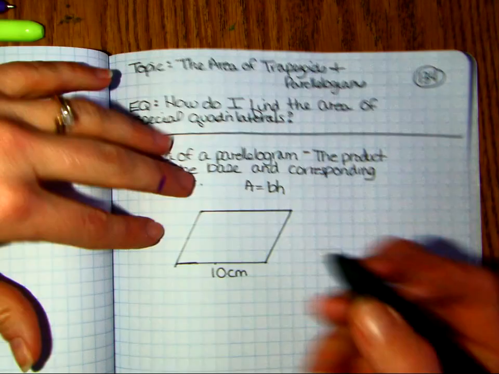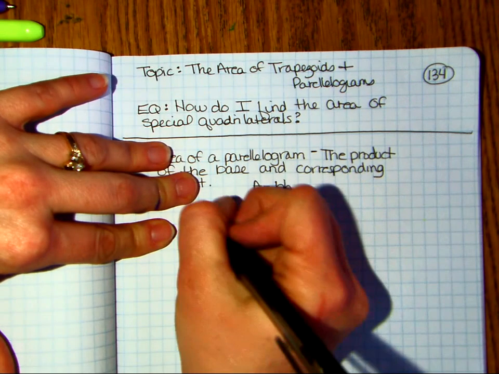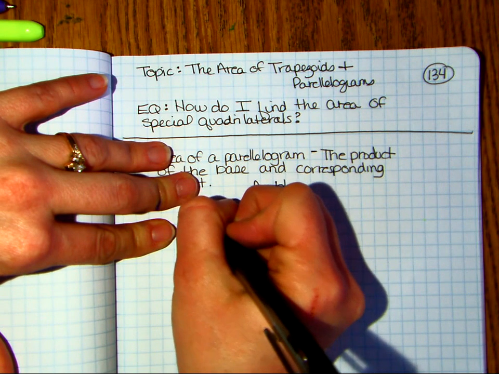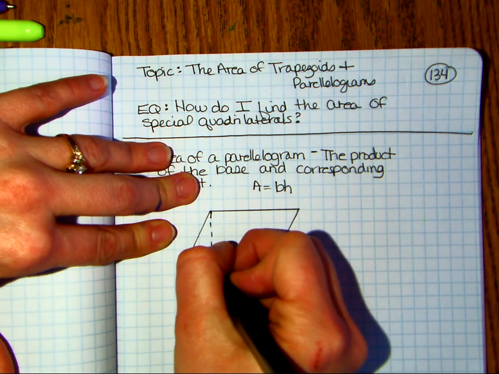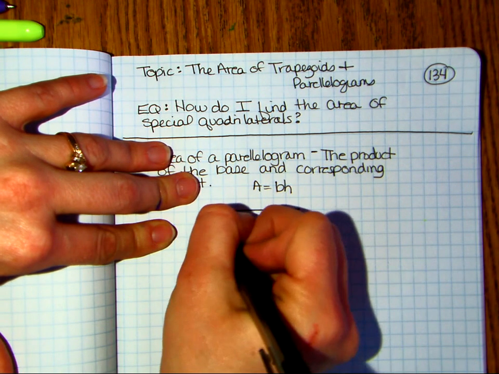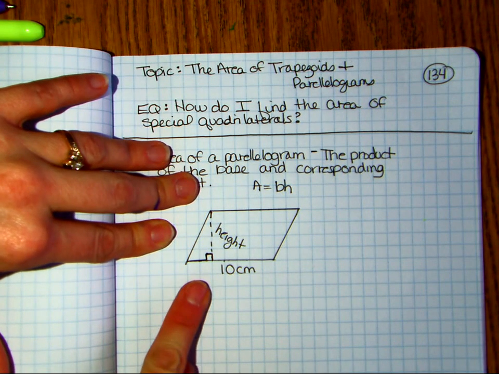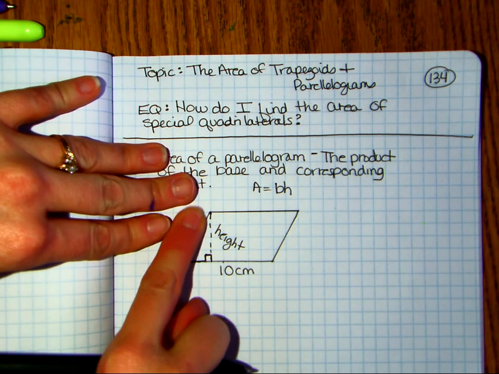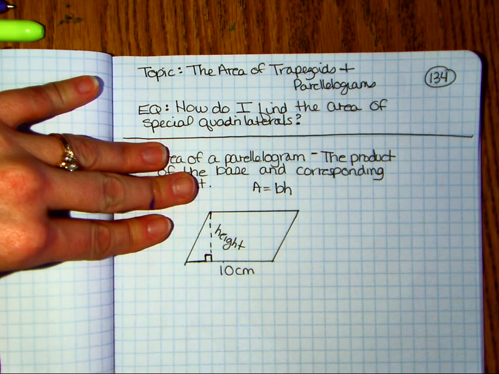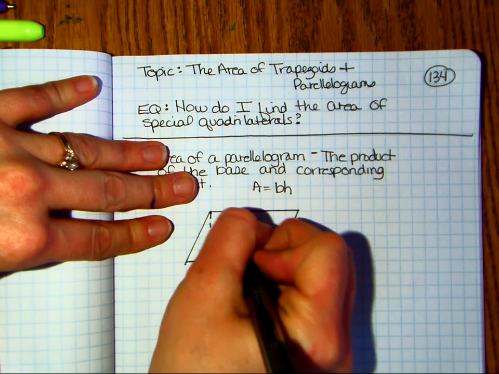So oftentimes what they do is they will take this vertex here, go straight down and create a right angle, and this will create our height. Your height has to come from the base up to the vertex up here. And in this case, we're going to say that this is 6 centimeters.